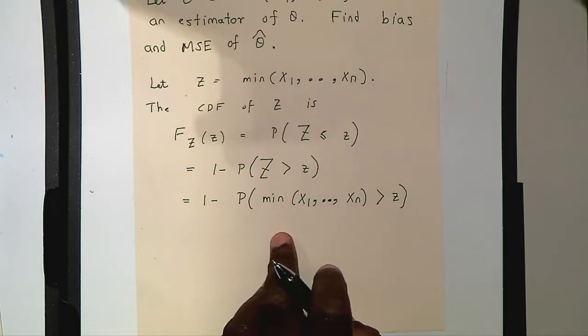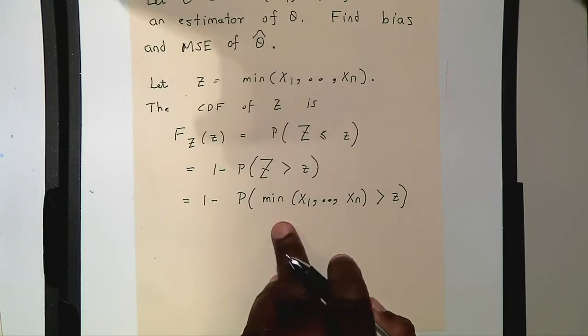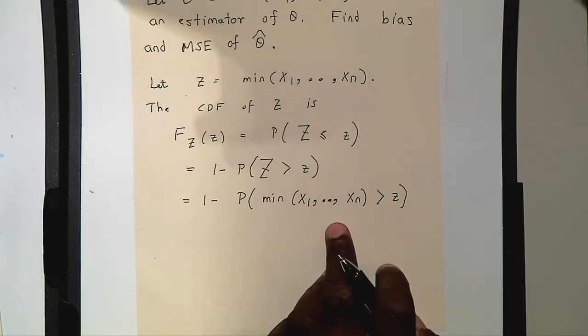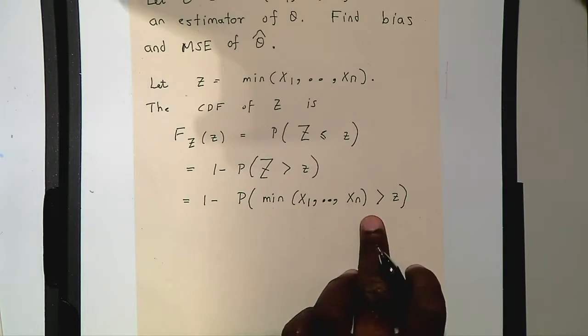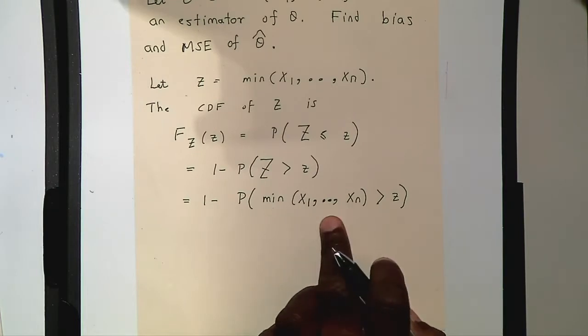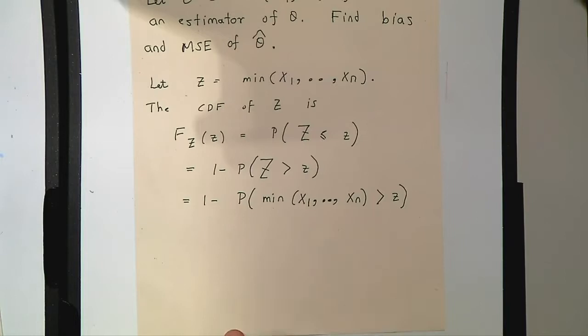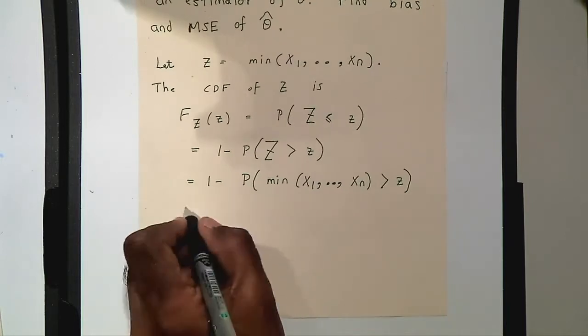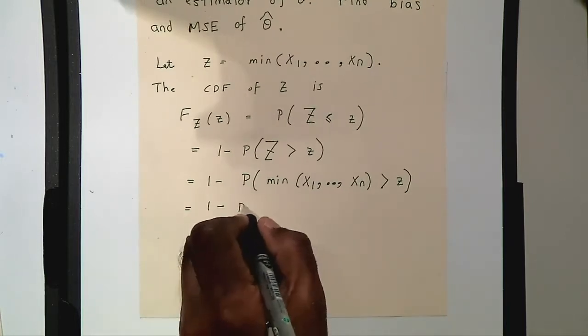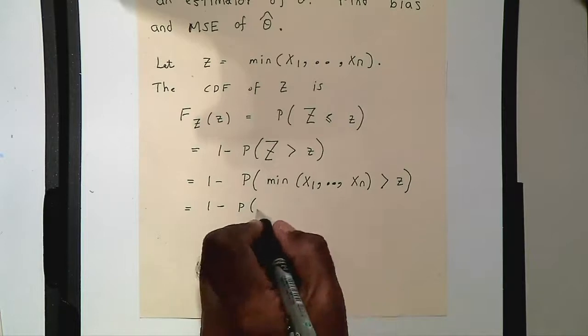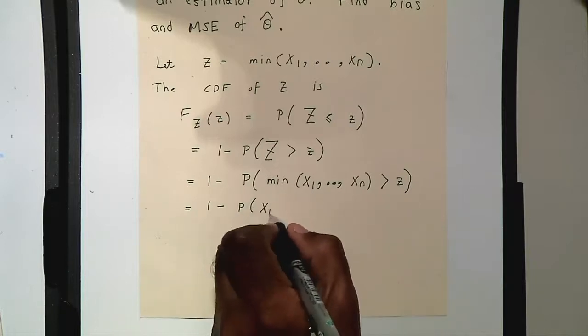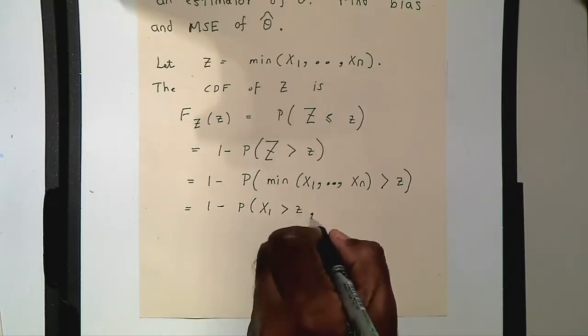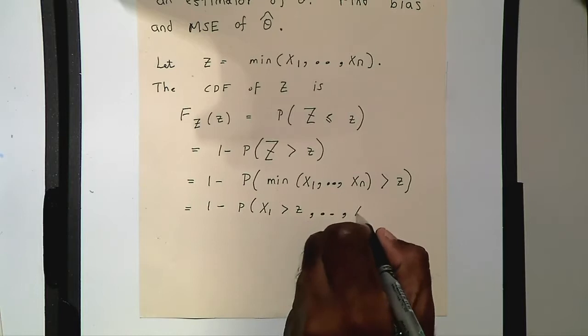Now, think carefully. If the minimum is greater than z, if you have a sequence of numbers and their minimum is greater than something, what can you say about each? This is the same as saying that x1 is greater than z up to xn is greater than z.